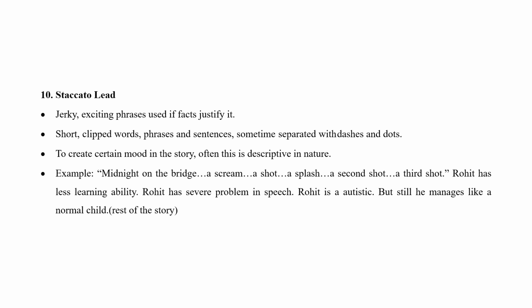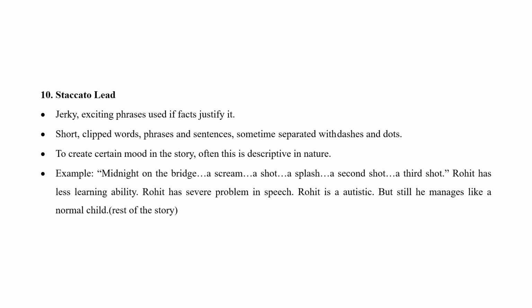Then we have the staccato lead. Jerky, exciting phrases are used if facts justify it. Short clipped words, phrases, and sentences, sometimes separated with dashes and dots, to create a certain mood in the story. Often this is descriptive in nature. For example, midnight on the bridge. A scream, a shot, a splash, a second shot, and a third shot.